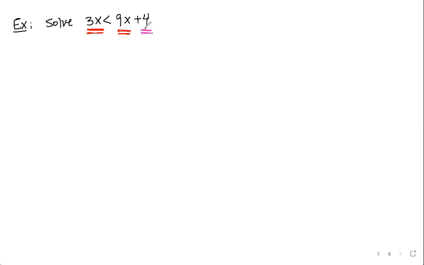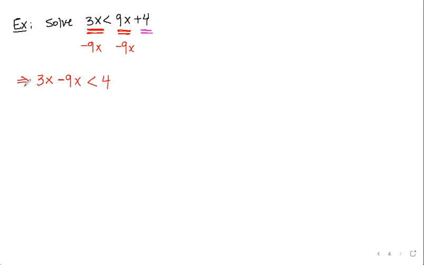So the idea is to move all the variables to one side and keep the number on the other side. If we subtract 9x from both sides, we get 3x minus 9x less than 4.